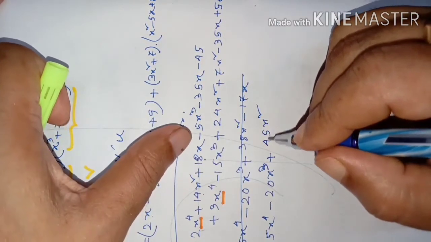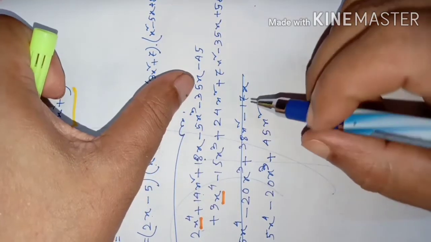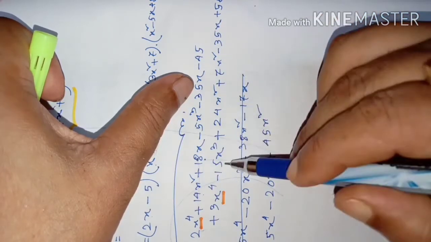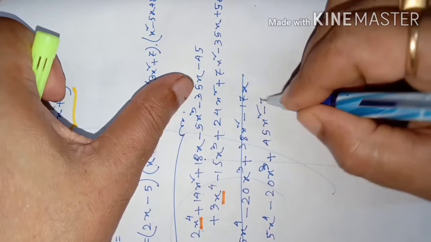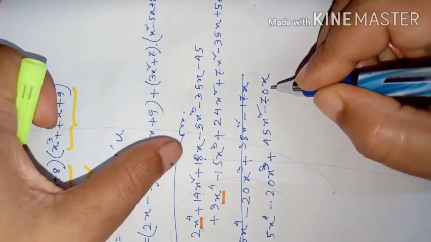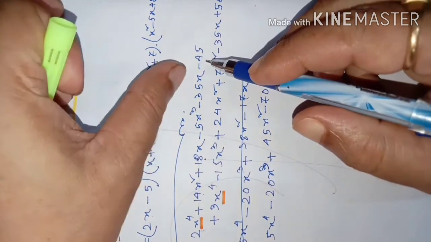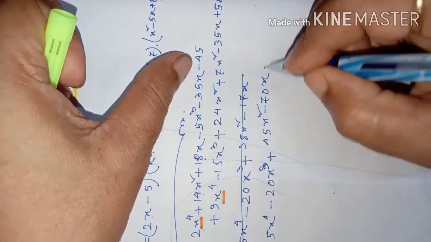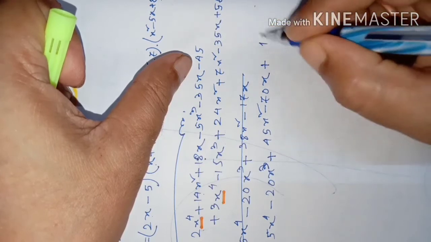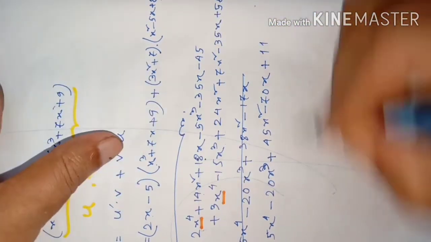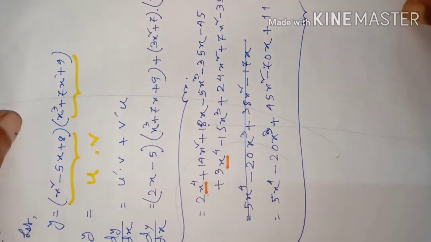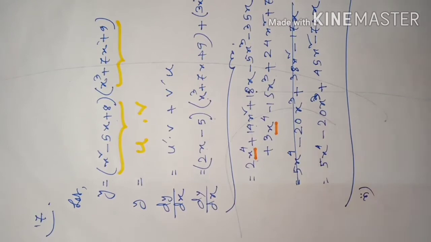Then your x, now you count 35x, 70x, no more x here, minus 70x. Then you count these real numbers, minus 45 constants, and here plus 56, that is plus 11. This will be our answer for this 17 first question, Roman number 1. So this was the answer of 17.1.